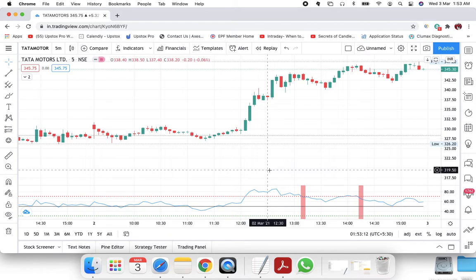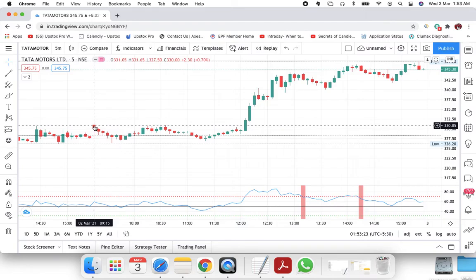That's how we need to identify and make our entry. Say for example, this is the very first candle of that day. This candle closed at 330 rupees.